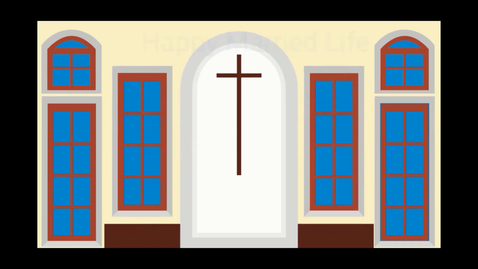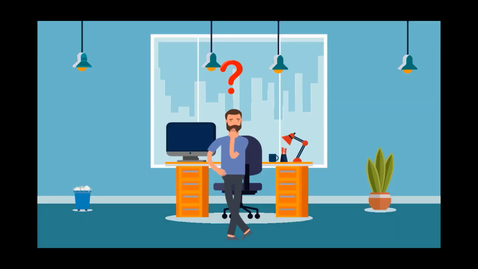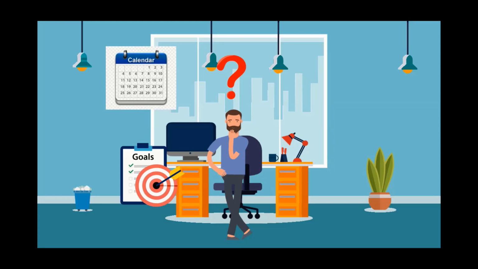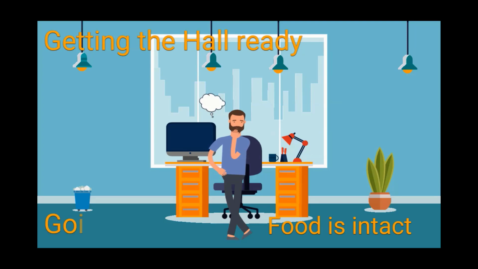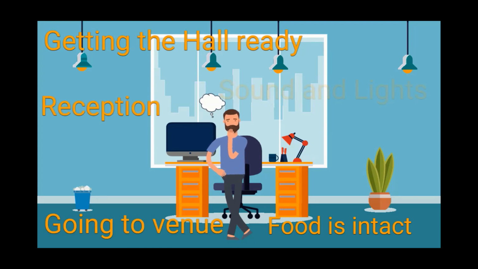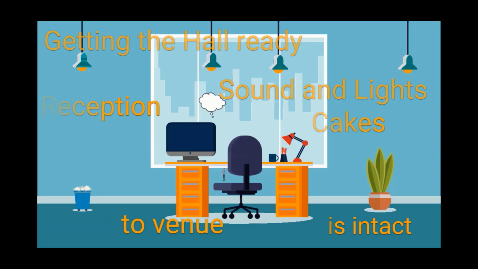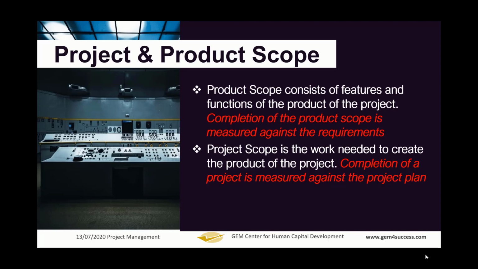But the project is far more encompassing than the product, because a lot of activities and a lot of work would have to be done to produce the product of that project. The product is just that end point, the thing you are doing at the end. But there's so much work involved in getting to that point.